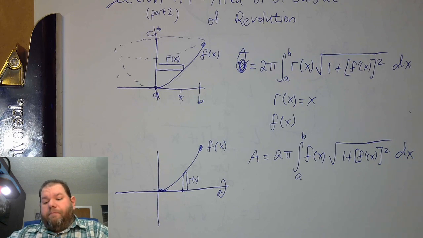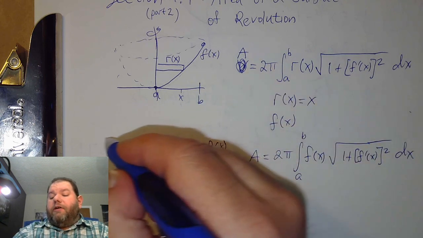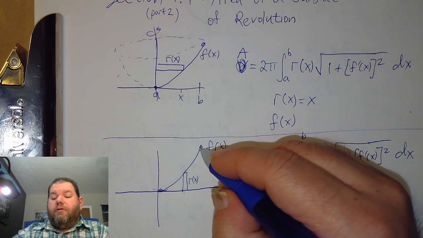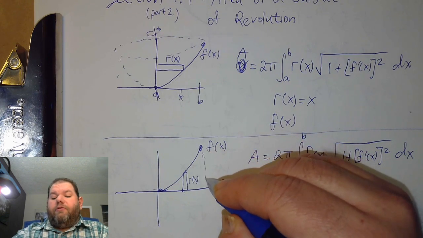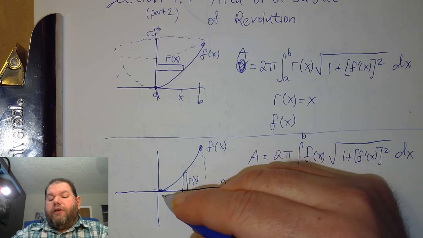Okay. And we still include the arc length as well. So, depending on our scenario, we have one or the other set up. This one creates kind of a horn shape, I guess.